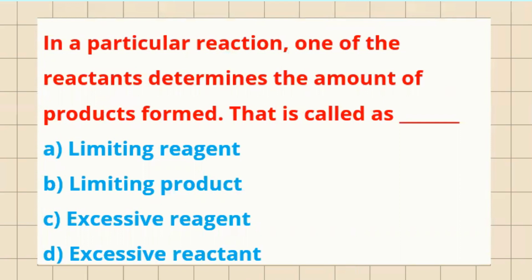B cannot be the answer because there is no limiting product; we only have limiting reactant or limiting reagent or excess reagent. There is no excess and limiting product, therefore B cannot be the answer.